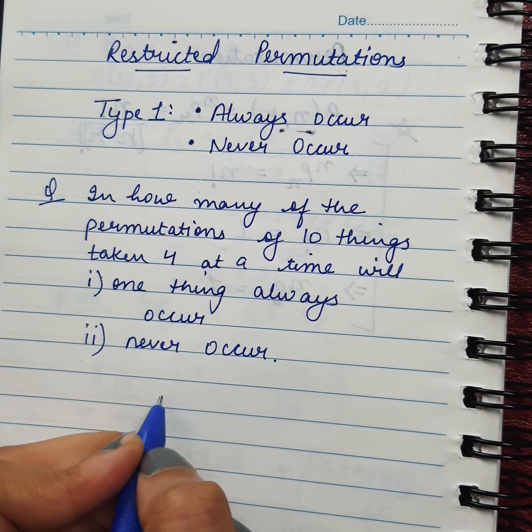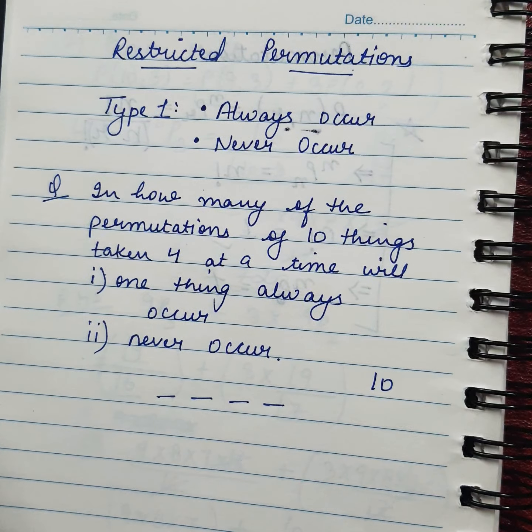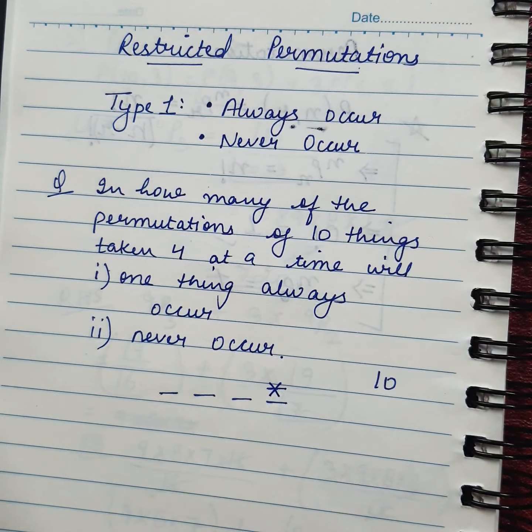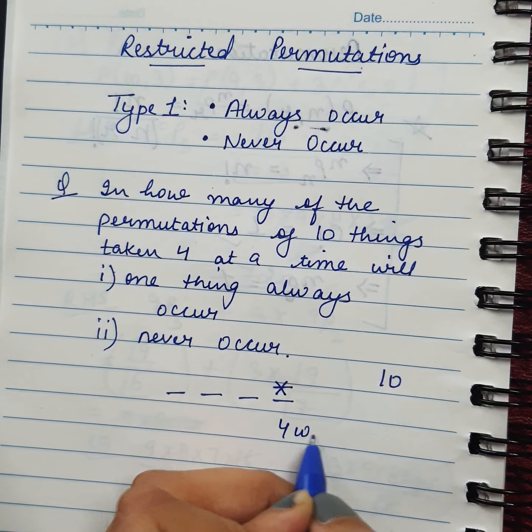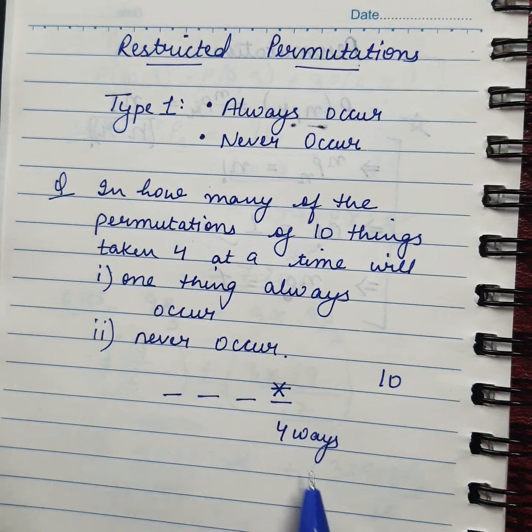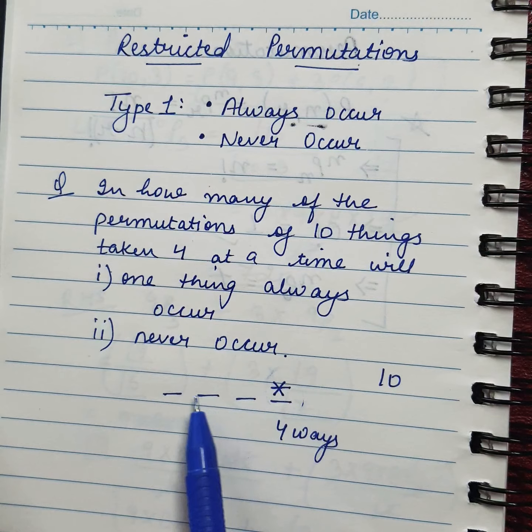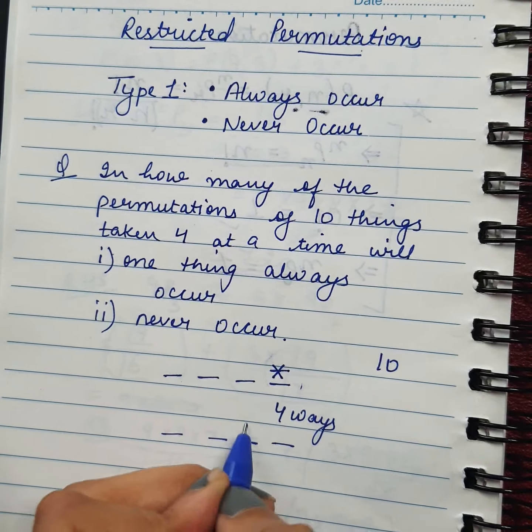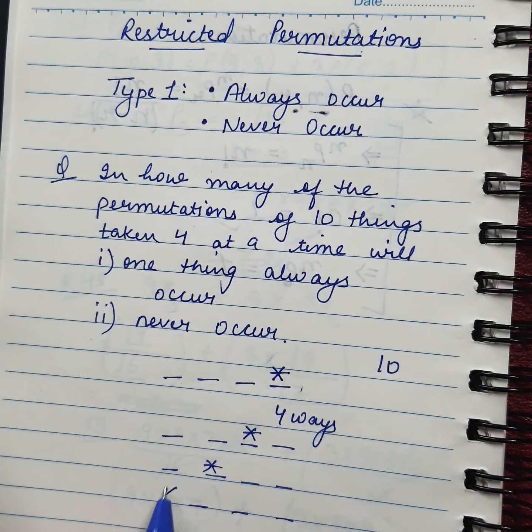which means 4 things have to be selected out of 10. Since one thing always occurs, let's take any one. This will always occur. So this is selected in 4 ways, because this particular thing can occupy any one of the following 4 spaces. Either it will be this space or this, or we can say the third space or this.